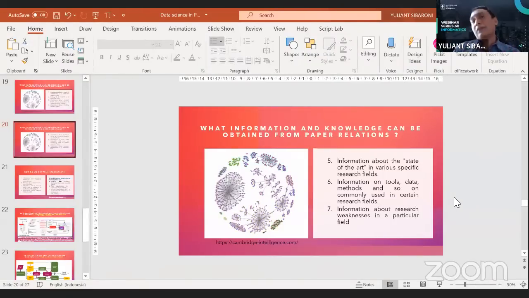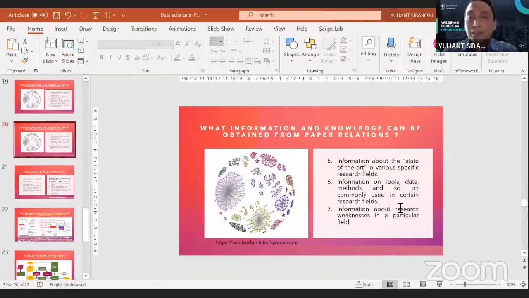I have been doing research about criticism detection in paper relation. So the first step that we can do is to find criticism or weakness in paper relation.